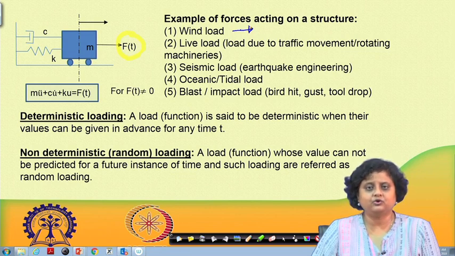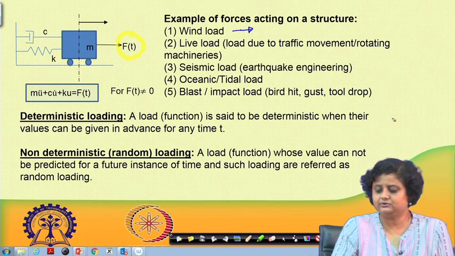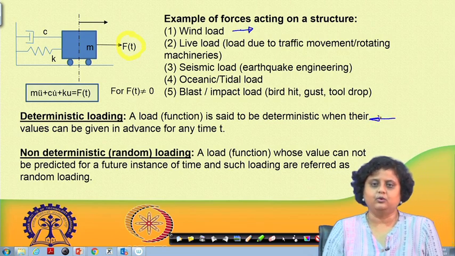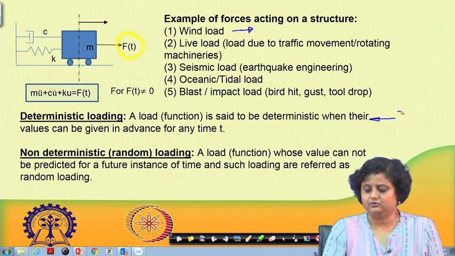In this course we will be focused only on deterministic load. We will not be dealing with non-deterministic load.